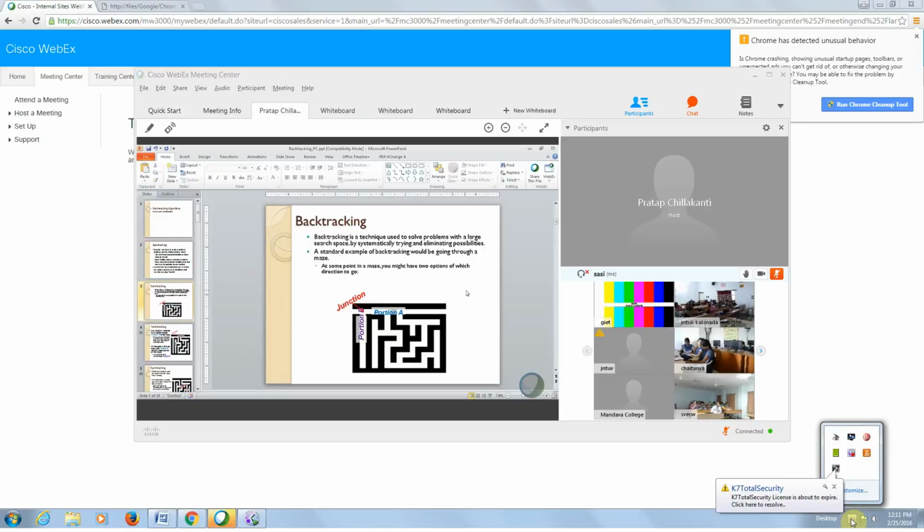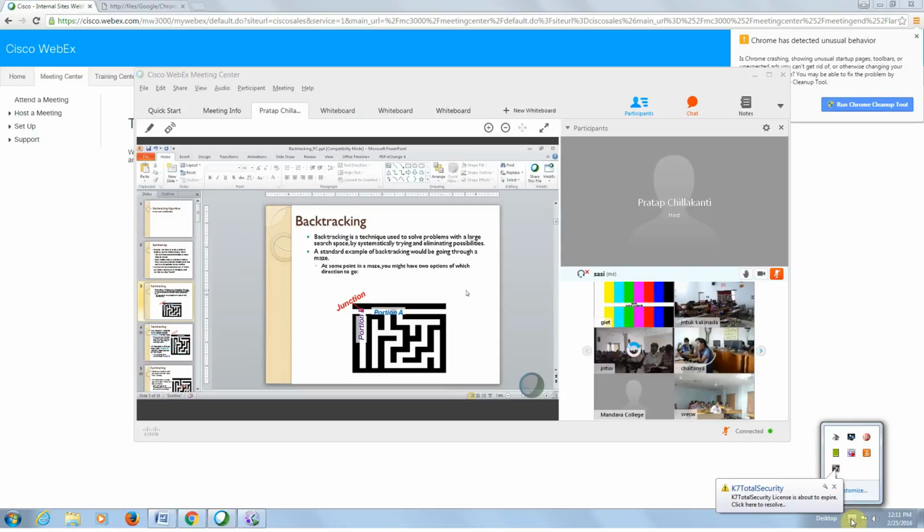Now, what is this technique? When you have a large search space, you're systematically trying and eliminating possibilities. Note the word systematically. You're not doing it randomly. There's a system to it. Now, everyone knows mazes, right? I do not know in Kakinada and all, but here every Halloween time we have corn mazes. You know what a maze is.